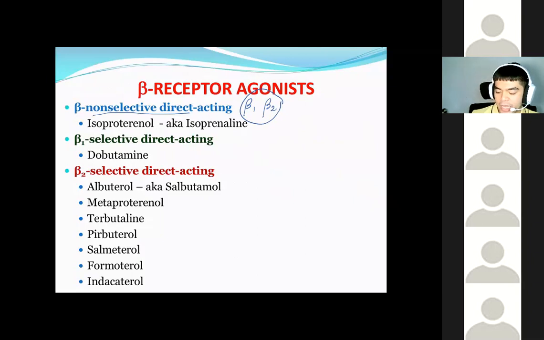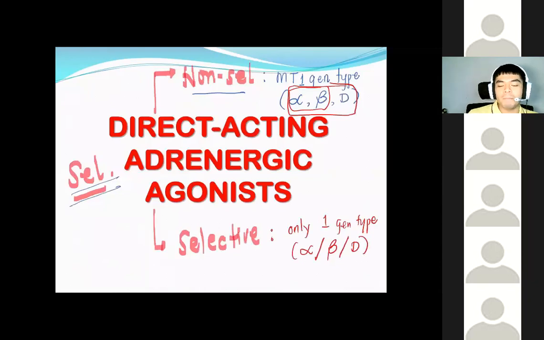Question. Again, anong klaseng direct mimetic ang isoproterenol? Is it selective or non-selective? Non-select. S or N? N. Okay. Balikan natin ang slide na to. Paano nyo malalaman pag selective at non-selective?